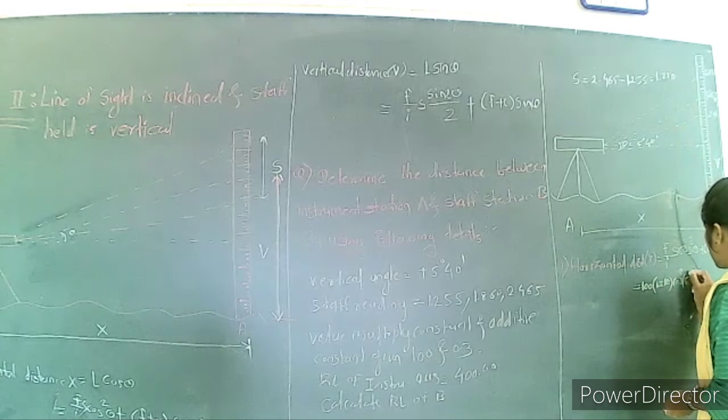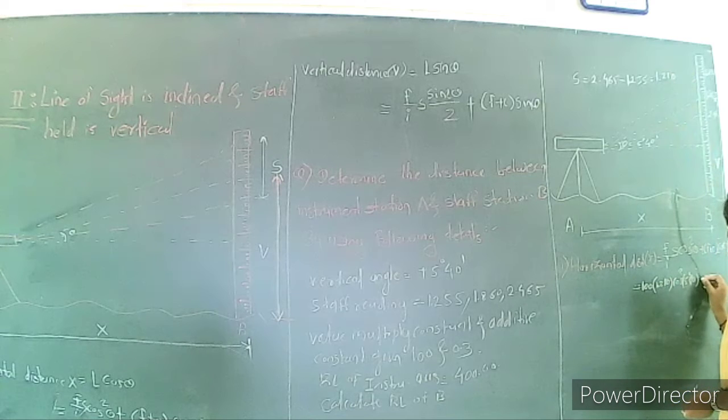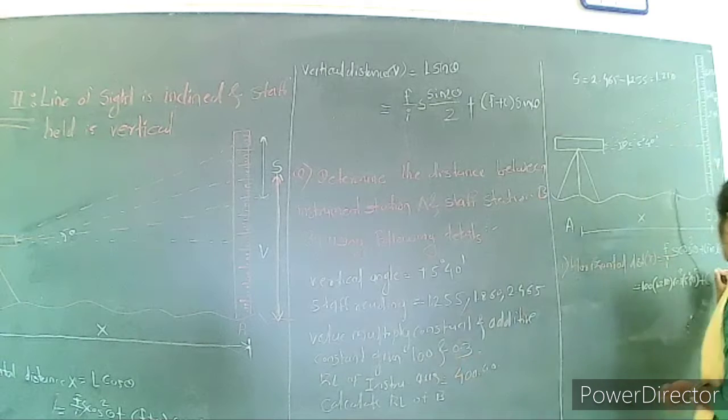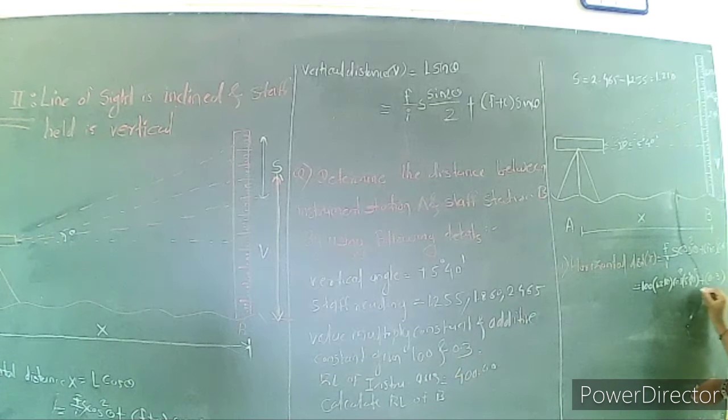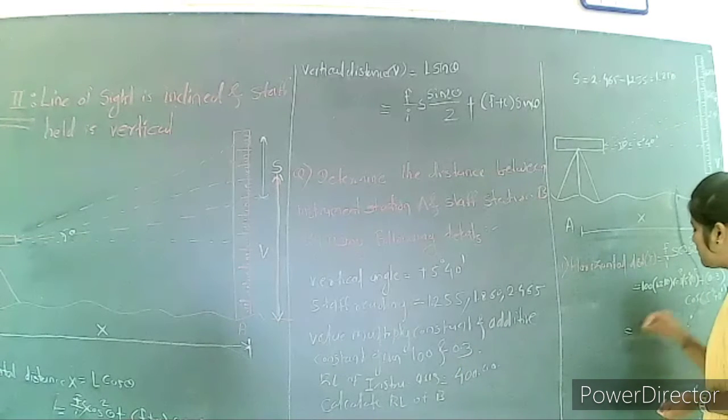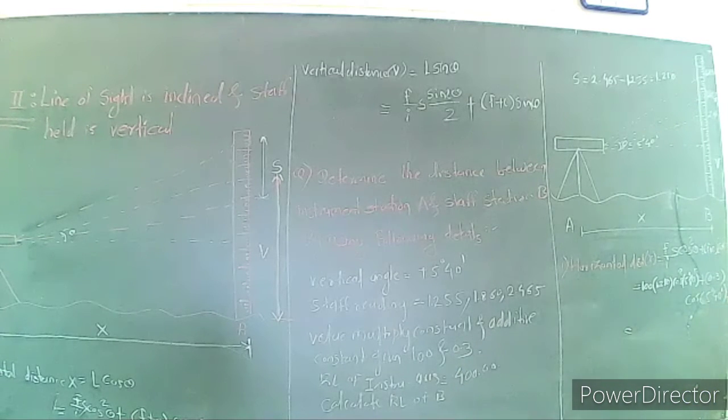and theta is 5 degrees 40 minutes, plus 0.3 cos theta. Calculate the value.